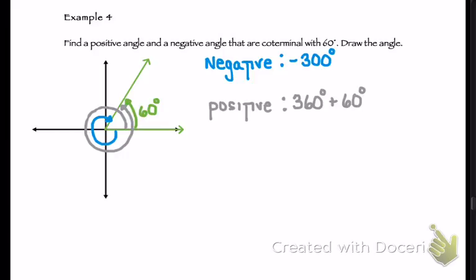If I spin one full rotation around, that's 360 degrees. If I add the two together, I get 420 degrees, another angle that is coterminal with 60 degrees. Question: how many positive and negative coterminal angles could there be for 60 degrees?